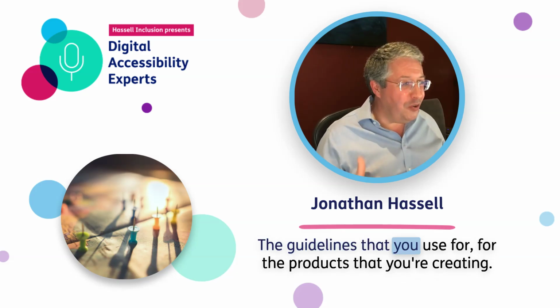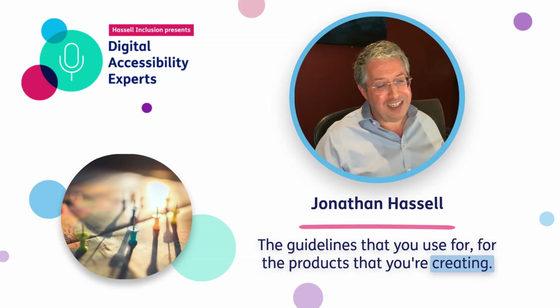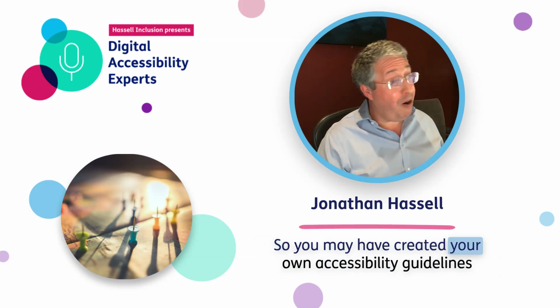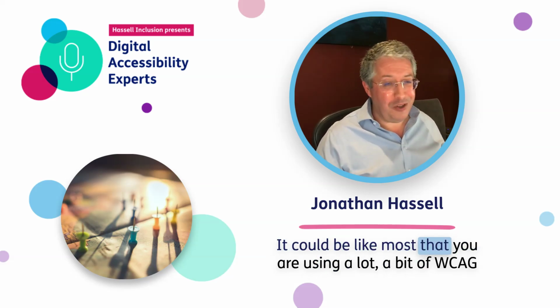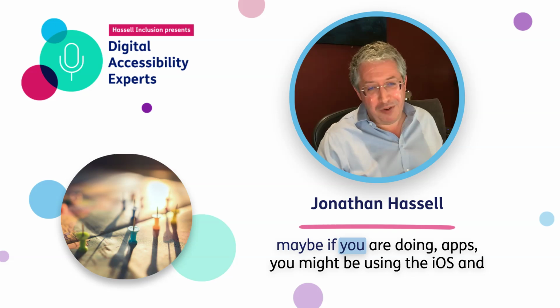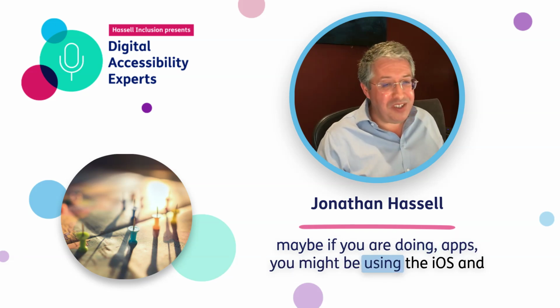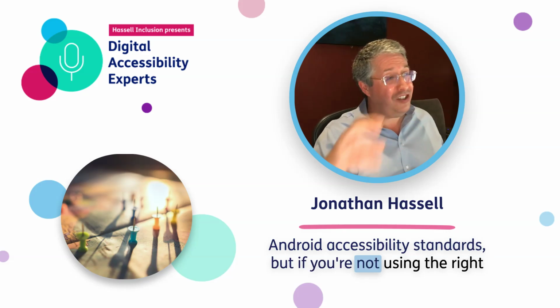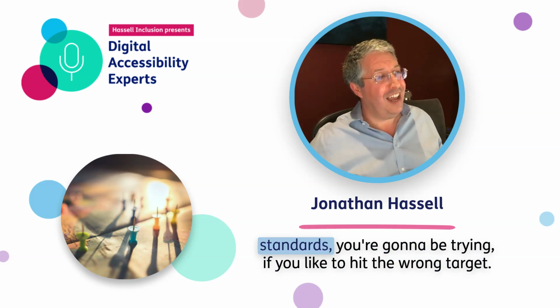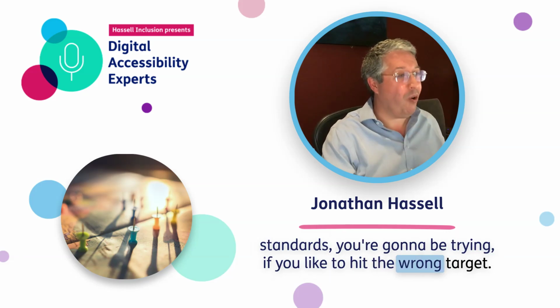The guidelines that you use for the products that you're creating. So you may have created your own accessibility guidelines to explain to people how things work in your company. It could be, like most, that you're using a bit of WCAG. Maybe if you're doing apps, you might be using the iOS and Android accessibility standards. But if you're not using the right standards, you're going to be trying to hit the wrong target.